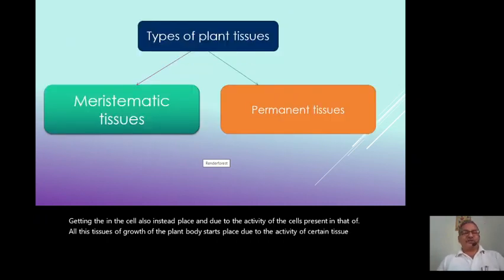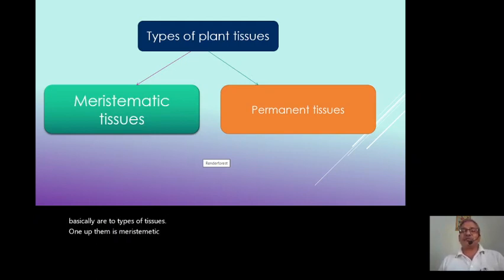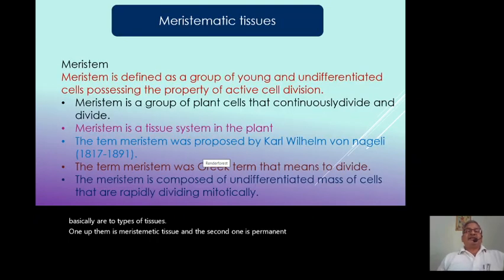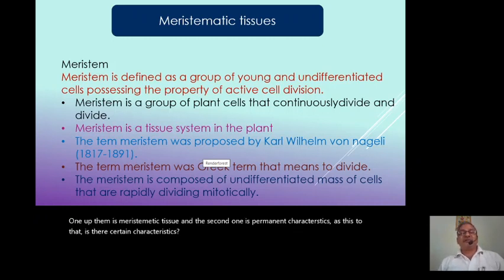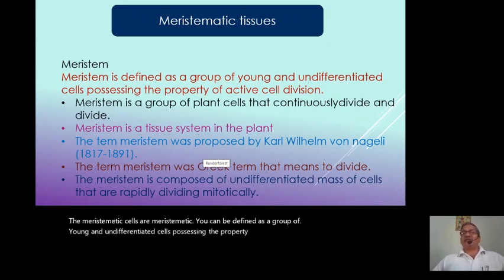Basically, there are two types of tissues. One of them is meristematic tissue and the second one is permanent tissue. Each category has certain characteristics. Meristematic tissue can be defined as a group of young and undifferentiated cells possessing the property of active cell division.